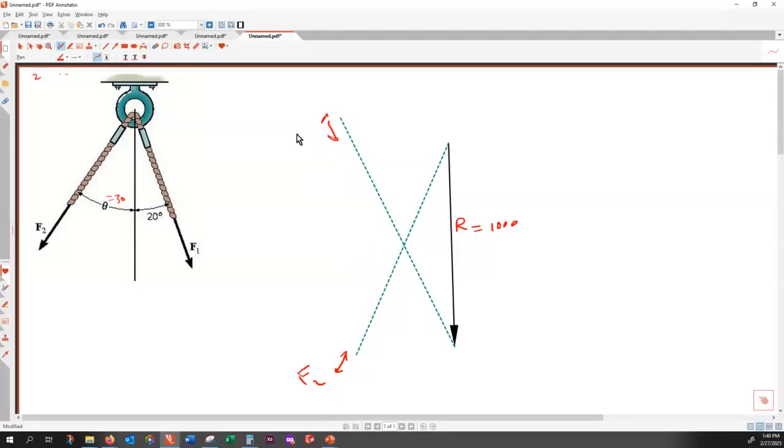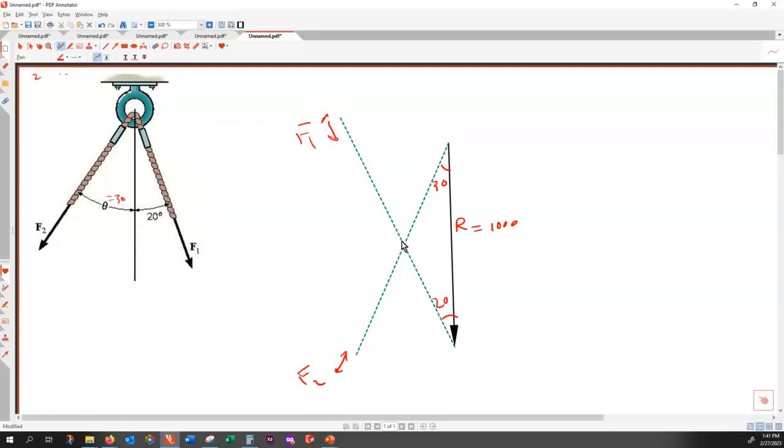This one is the direction of F1, and this is R. Okay, so in terms of the trigonometry, I know that F1 and the vertical are making 20 degrees. And I know that F2 and the vertical are making an angle of 30.